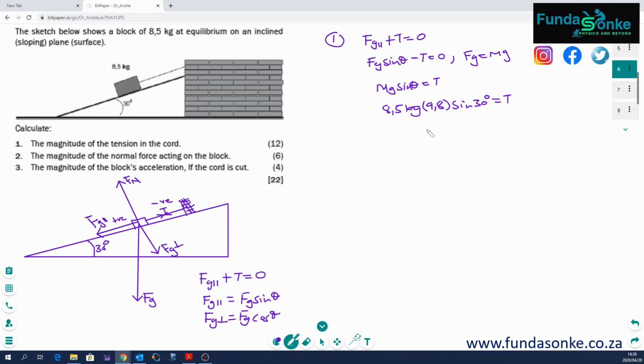So if you multiply that, we're going to get sine 30 is 0.5 times 9.8 times 8.5. This should give us 41.95. Oh, sorry.